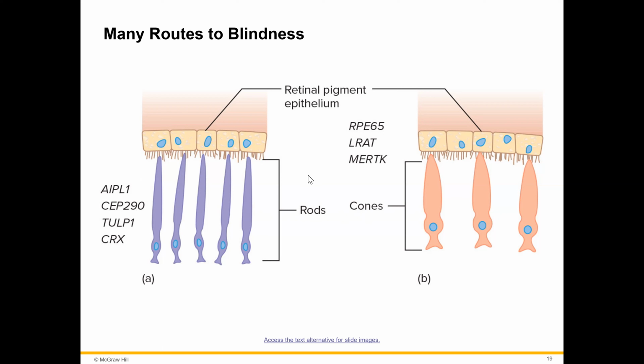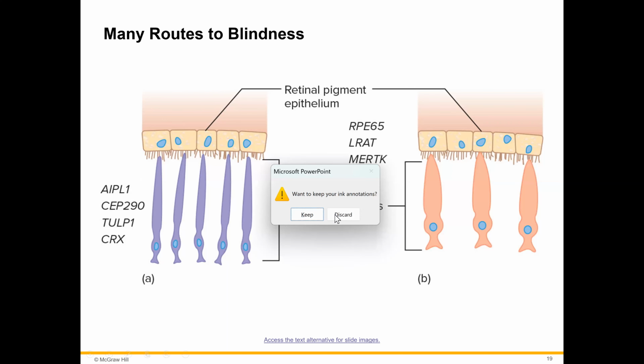When you have an alteration at any point that is responsible for your vision, then you are blind, or somebody is blind. What it's trying to say here is that blindness has many roots. It doesn't necessarily come from one gene or one mutation. It can be several genes and several different mutations, but the result will be the same.